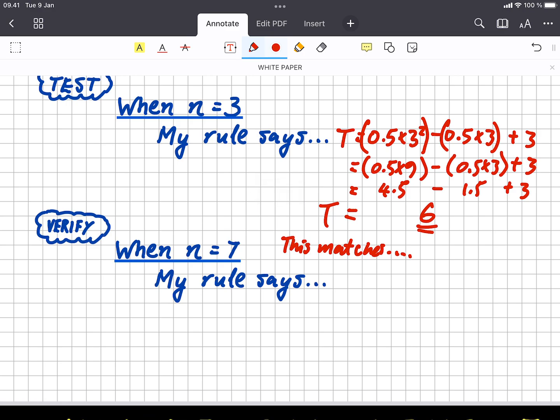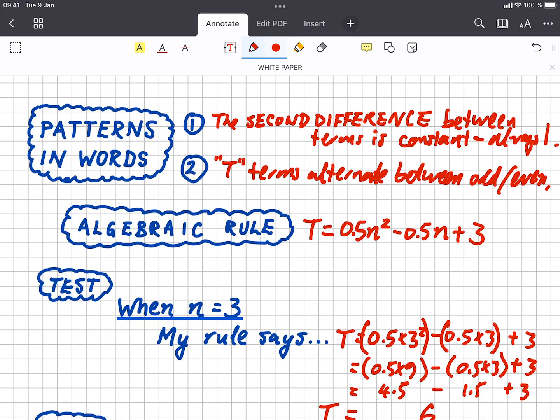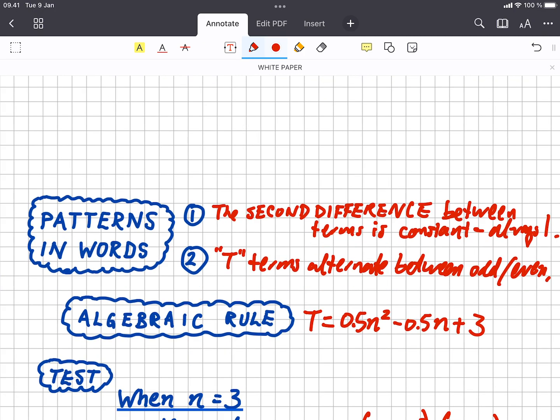So when n equals 7, my rule says that t equals 0.5 times 7 squared minus 0.5 times 7 plus 3, which is 0.5 times 49 minus 3.5 plus 3, which is 24.5 minus 3.5, so that makes 21, and then plus 3 makes 24, and that's what we got in our prediction.